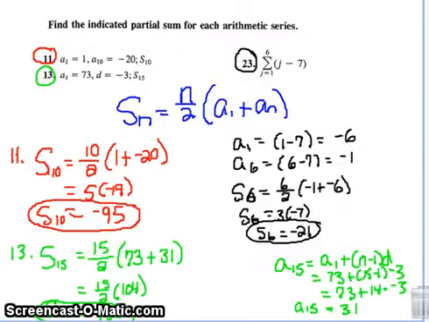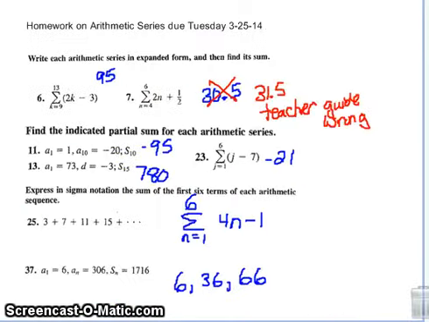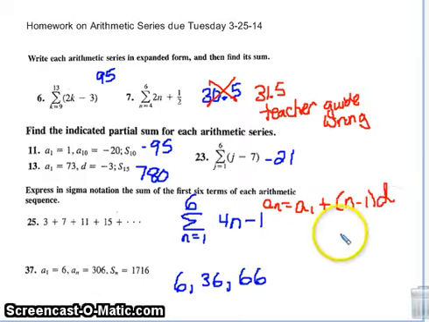Okay? And then the last one, this one you would just use your algebra to find your arithmetic sequence. You just plug back into your a_n equals a1 plus n minus 1 times d.